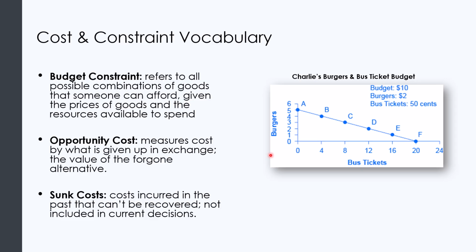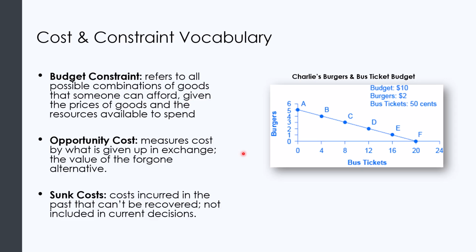When you or a government or Charlie makes a choice, he is giving something up in making that choice. When we choose, other options get put away. We call those other alternatives the opportunity cost of our choice.